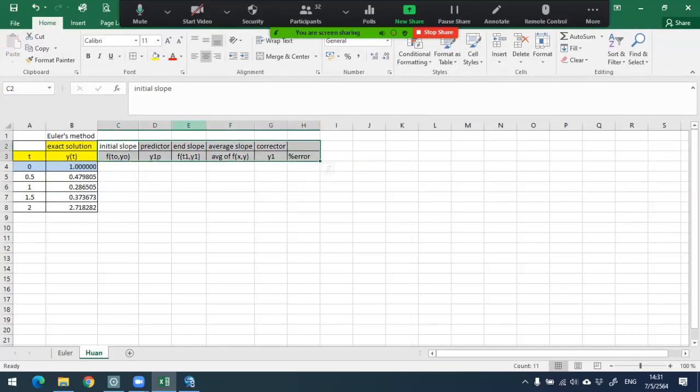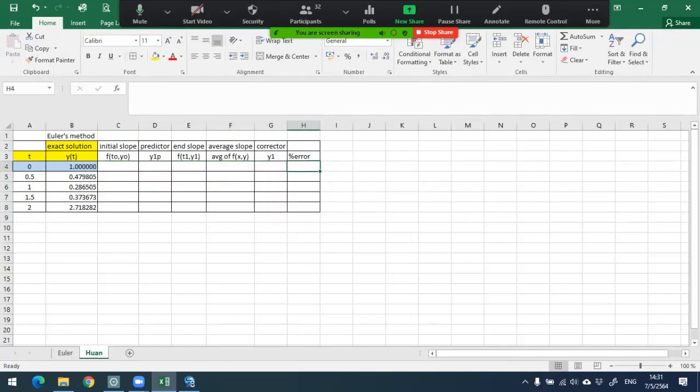If you have any question, you can inform me. Okay, for the first step, it's not necessary to solve because it is the initial condition that should be 1, right?